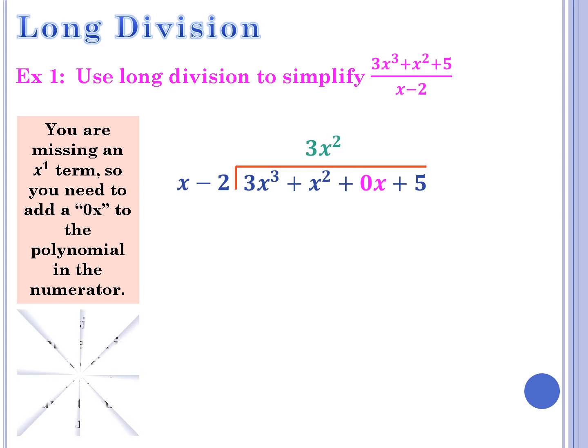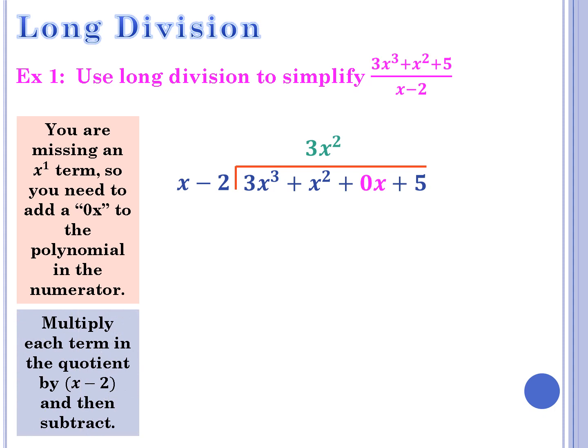Now we're going to do a big old distribution. We're going to say 3x squared times x, and then 3x squared times 2. So that gets me 3x cubed minus 6x squared. Now, notice that I put 3x cubed minus 6x squared in parentheses.